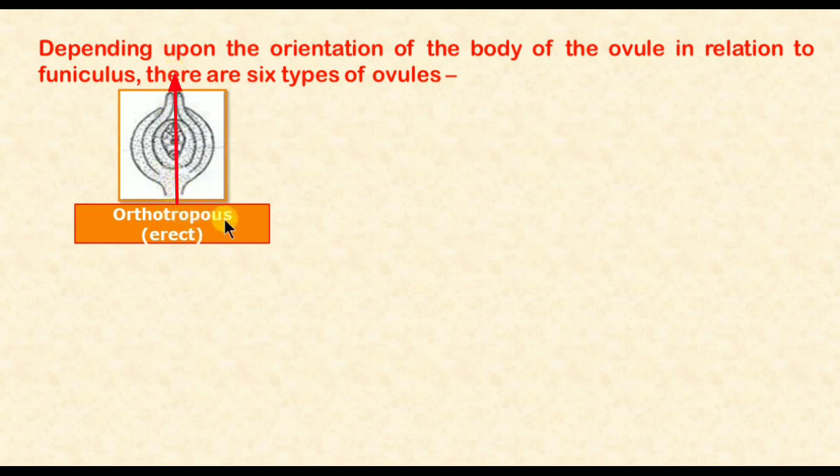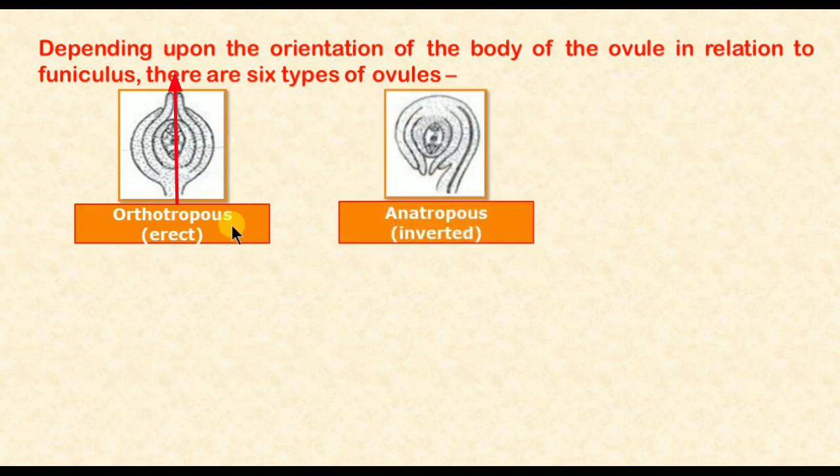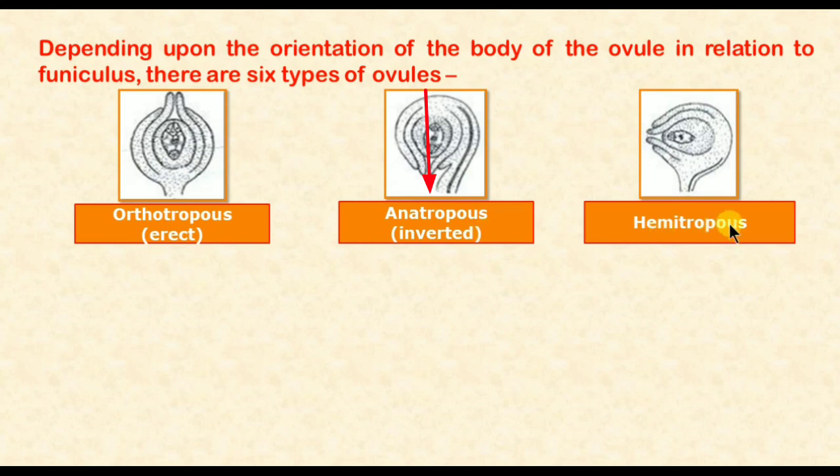Next is the anatropous ovule, where the whole structure is curved and the micropyle is towards the lower side. It is also known as inverted, and the chalazal end is towards the upper side. Next is the hemitropous. They are present horizontally. You can see that the micropyle and the chalazal end are present at one level.